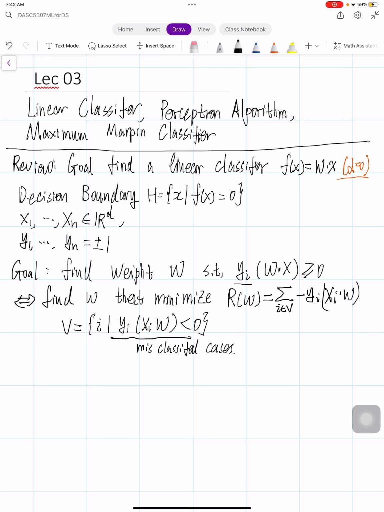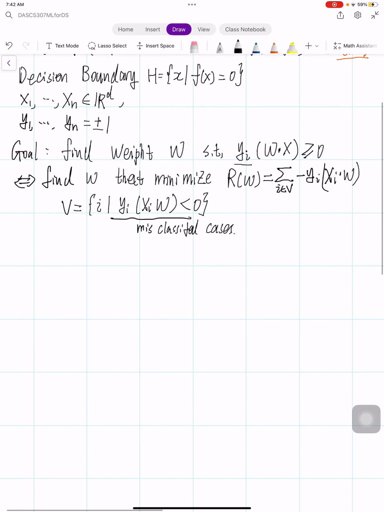Actually, let's give one simple example. Suppose we have an xy plane, and we have only 3 data points.